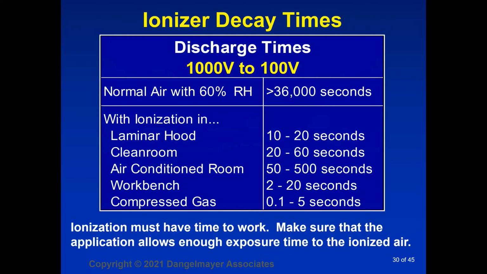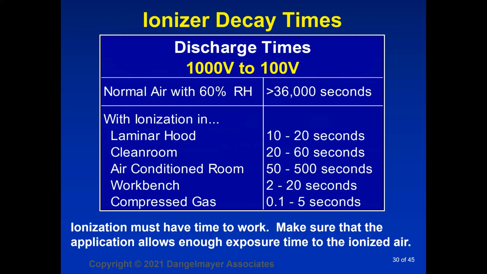How fast do ionizers work? Well, here's a table of discharge times from 1,000 to 100 volts. You see the first item there, normal air with 60% RH. Humidity will eventually take the charge off of a charged object. It will neutralize a charged object.